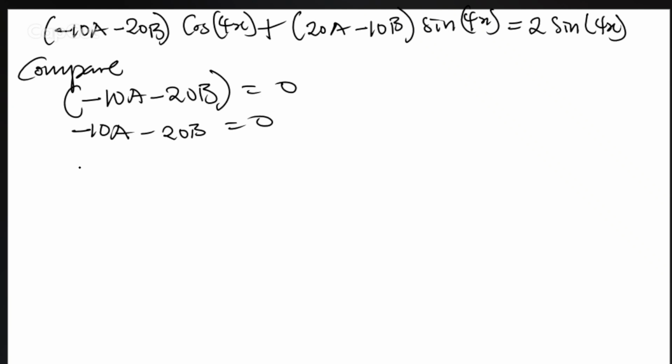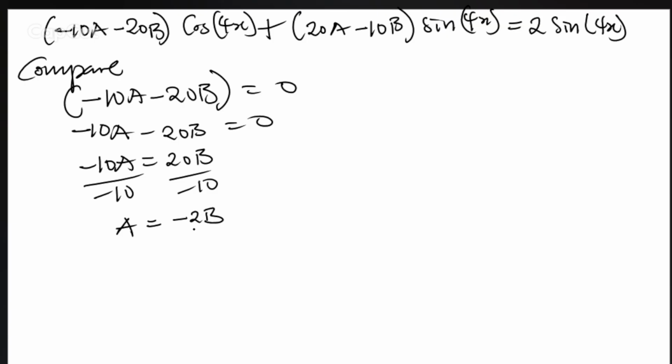This is crossing an equality sign, and we have minus 10a equals 20b. So if you want to find a, this will be minus 10. So a will now be equal to minus 2b. Are we together? So we can call this equation asterisk.